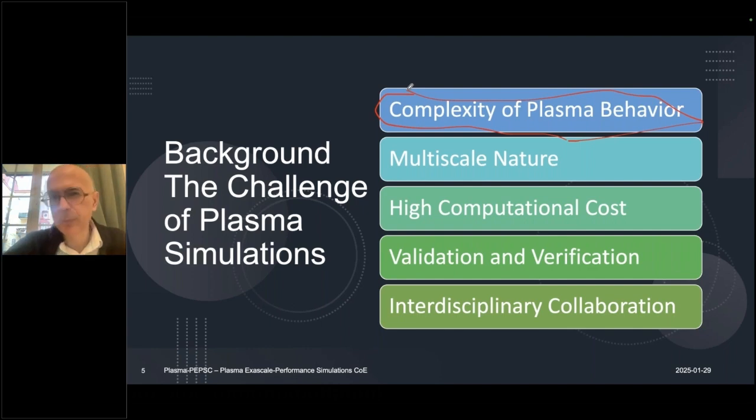That's one problem: the disparity of electron and proton mass that gives this multi-scale nature.